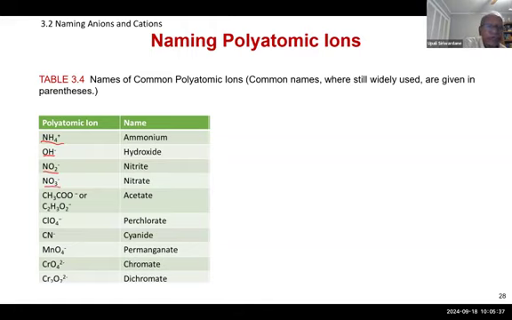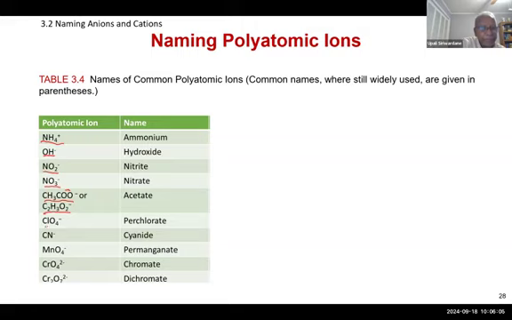And the fourth anion is acetate. Sometimes we write two forms of acetate. This one has the two oxygens spread out, here, two oxygens. This one has only one, they're condensed.